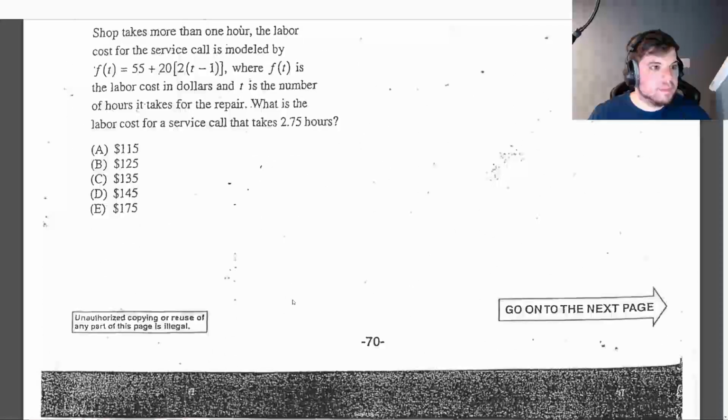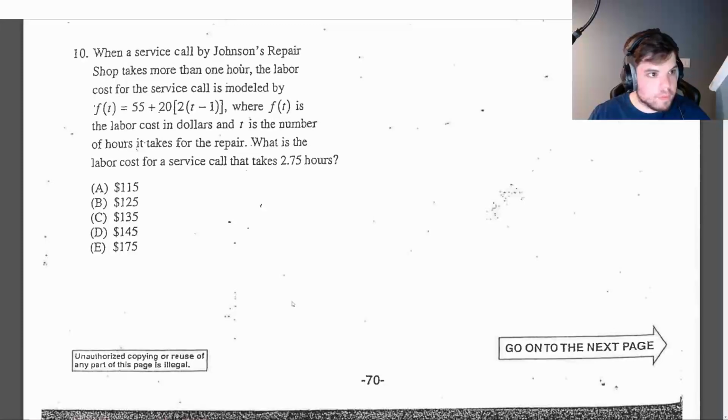All right, number 10. Yeah, so 9 was D. Number 10, when a service call by Johnson's Repair Shop takes more than 1 hour, the labor cost for the service call is modeled by that function. What is the labor cost for a service call that takes 2.75 hours?